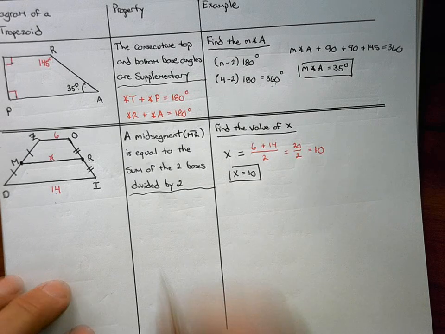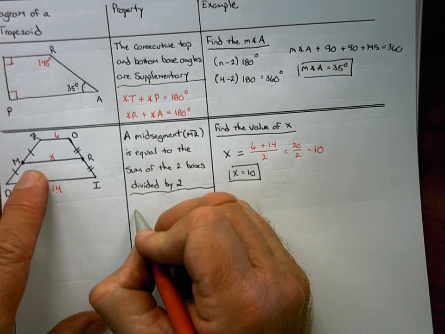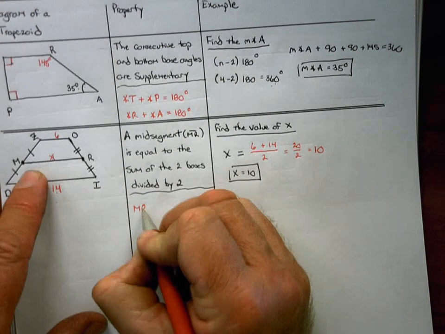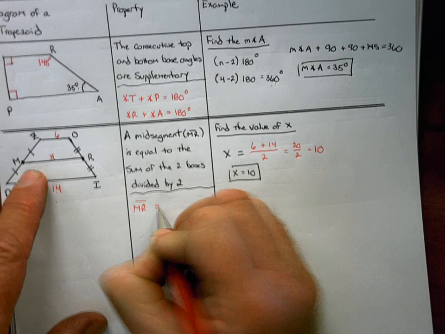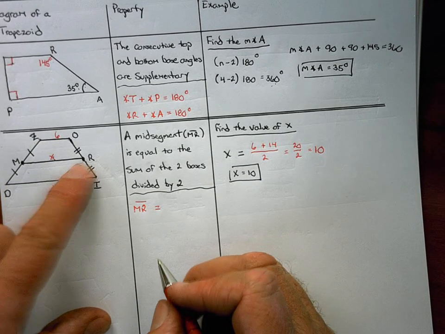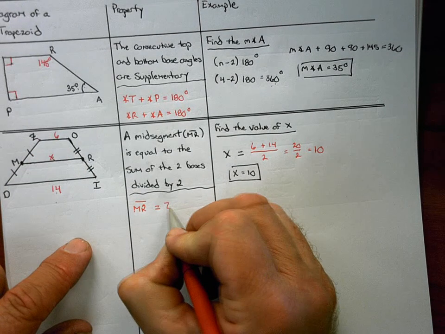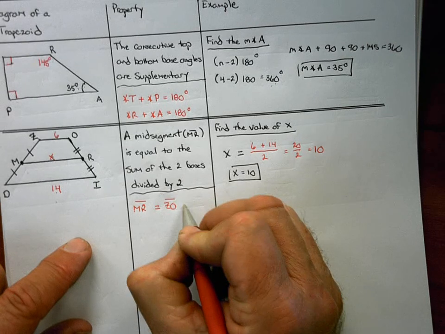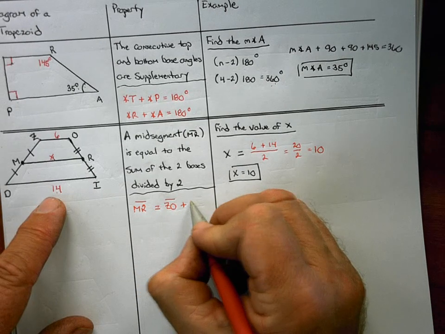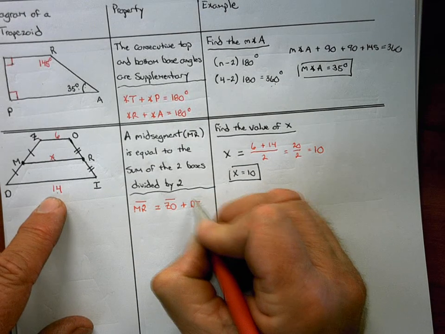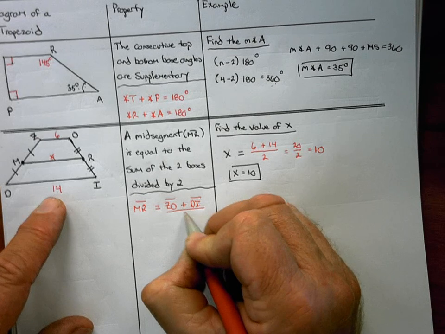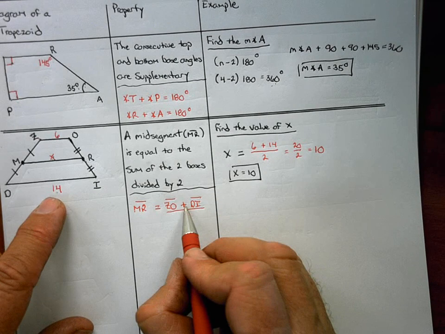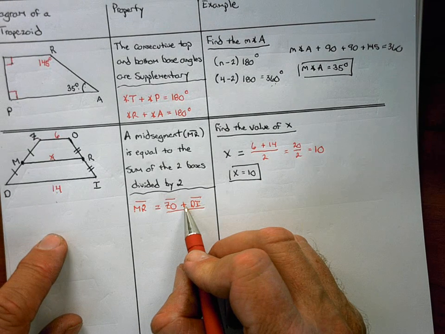So if I wanted to write this out, the mid-segment, that is MR. If I wanted to figure out how long MR is, I would take the top base, which would be ZO, add it to the other base, which is DI, and then I would divide that by 2. So I would take the sum of the two bases, that means I add the two bases together, and then I divide by 2.